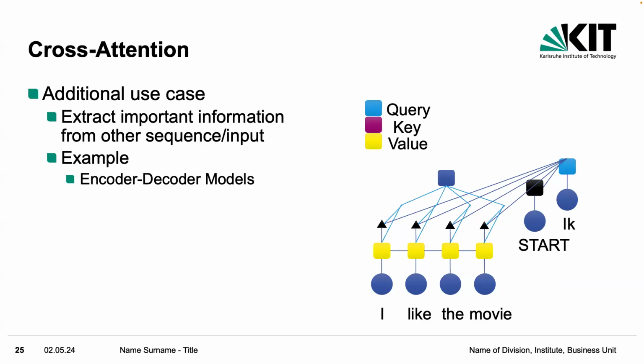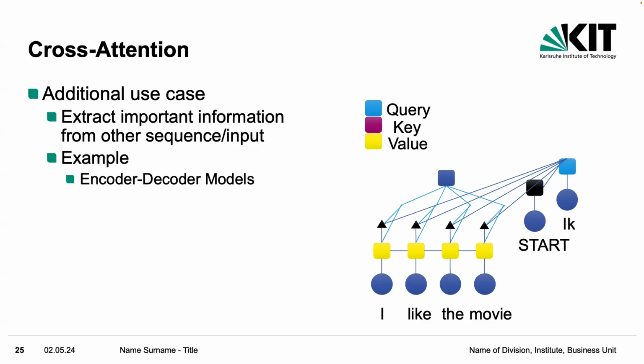Thereby, you can not only extract information from yourself, but use the same mechanism to have one hidden state extract information from another hidden state. That's, for example, the case in encoder-decoder models, where one model stores the input and another model generates the output, always attending to the hidden state to get the most important information out.